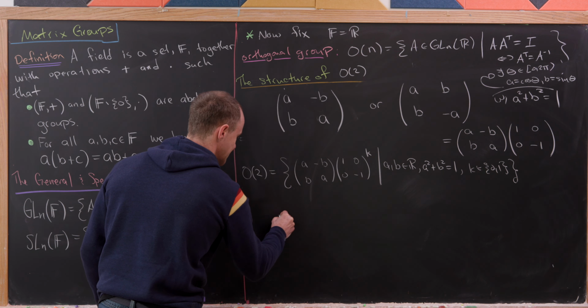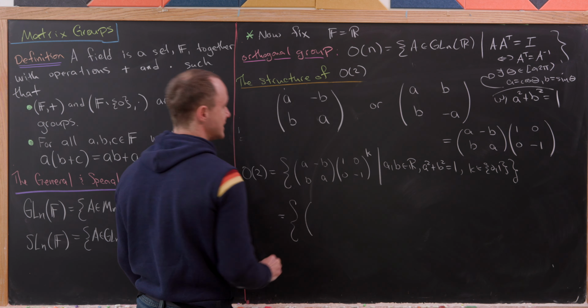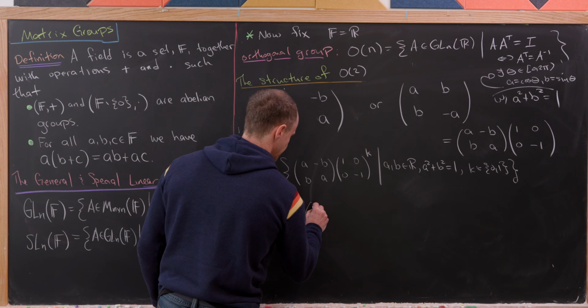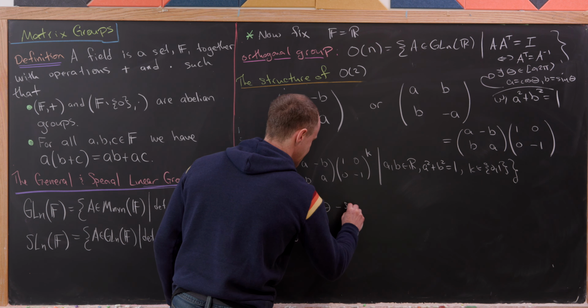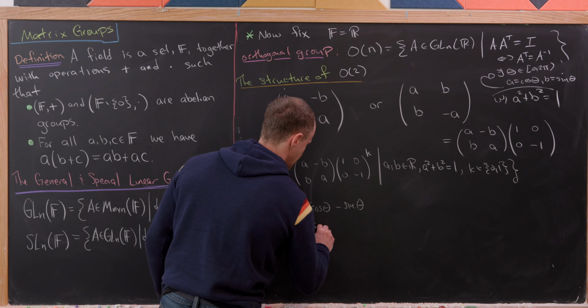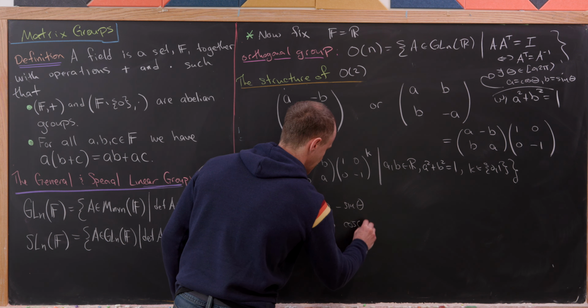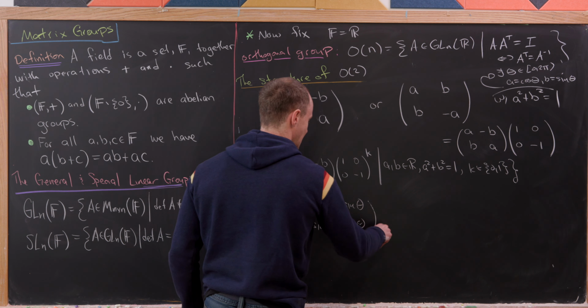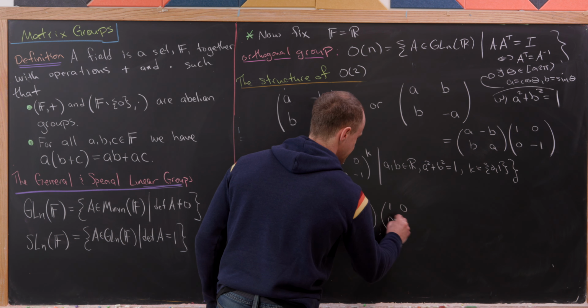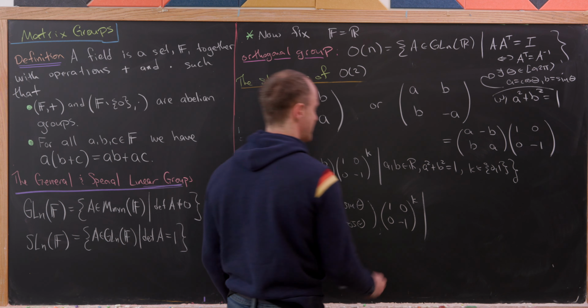Now, putting that into here, we have matrices of the following form. So we've got cosine theta, minus sine theta, and then sine theta, cosine theta, and then times 1, 0, 0, minus 1 to the K power.